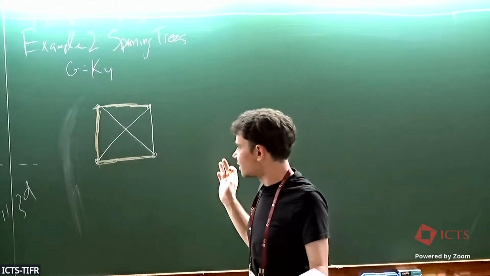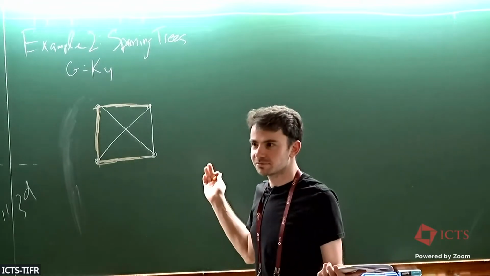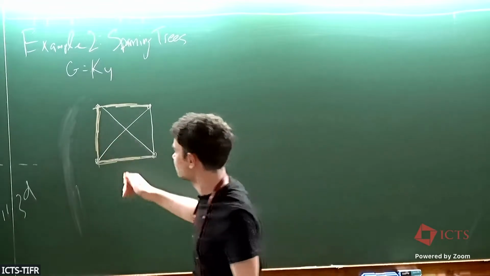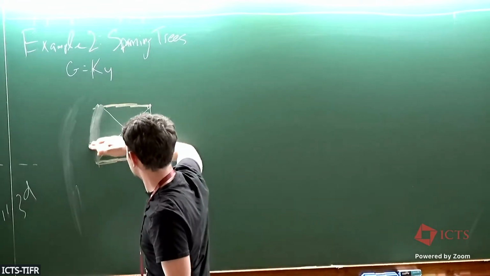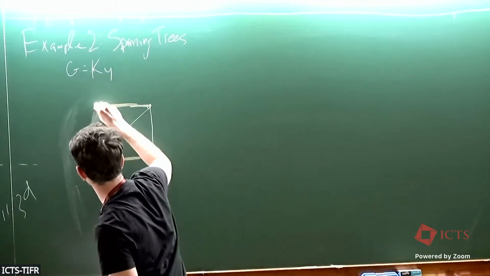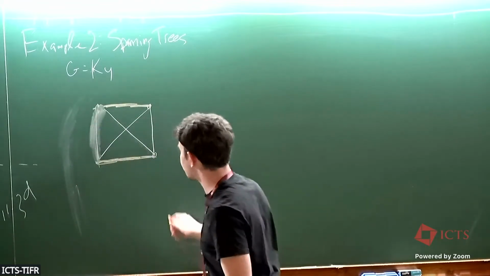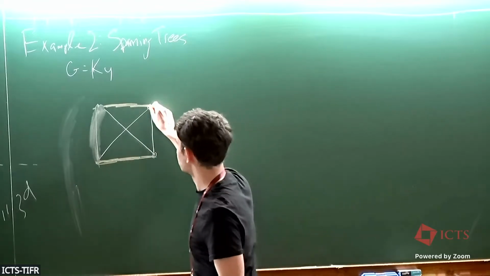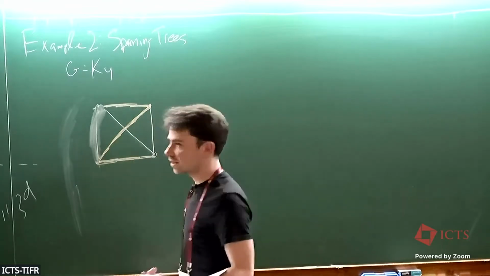What's the down-up walk? Somebody tell me. Shouldn't be hard. Pick one edge randomly. Replace it with just a normal edge. And then add another edge, conditioned on it giving you a spanning tree. So maybe we add this guy in.